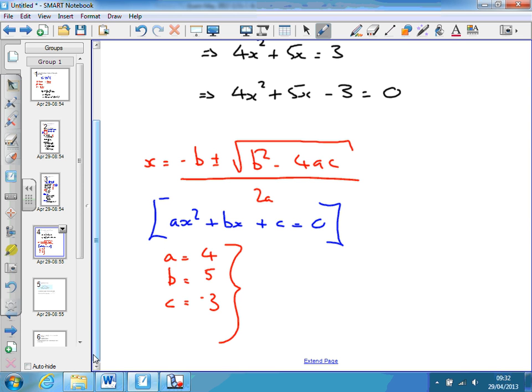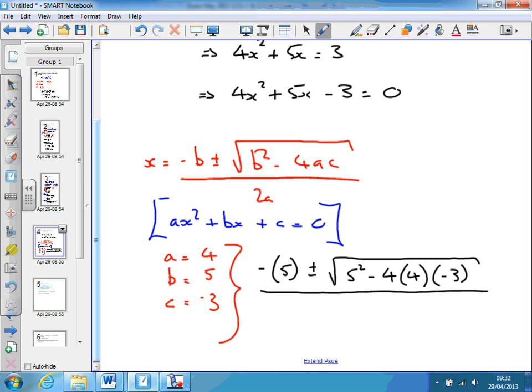I would suggest being aware of signs. Just put the numbers in directly first of all. So minus b is minus 5, putting that in a bracket, plus or minus the square root of b squared, so that's 5 squared, minus 4 times a, which is 4, times c, which is minus 3, all over 2a, and a is 4.